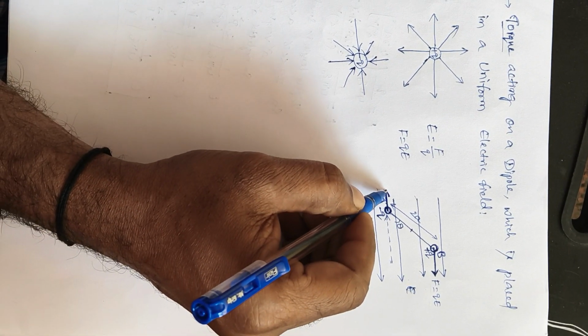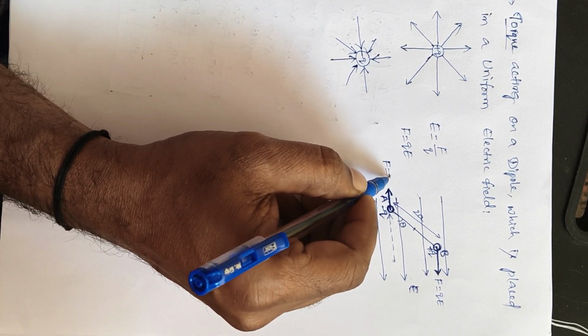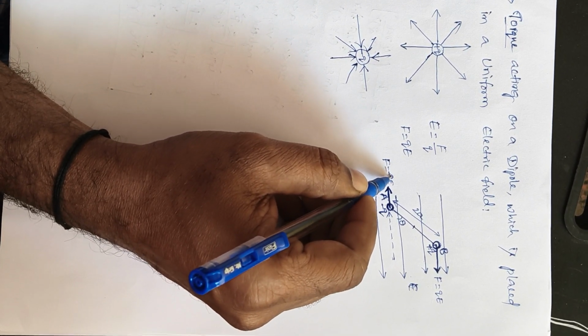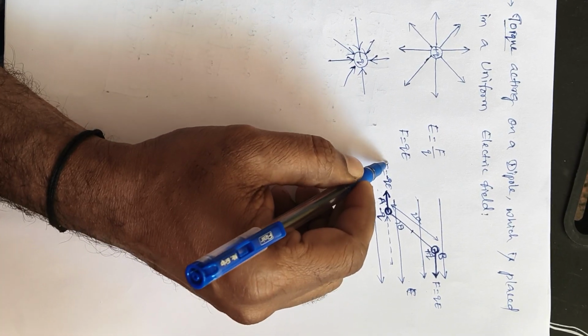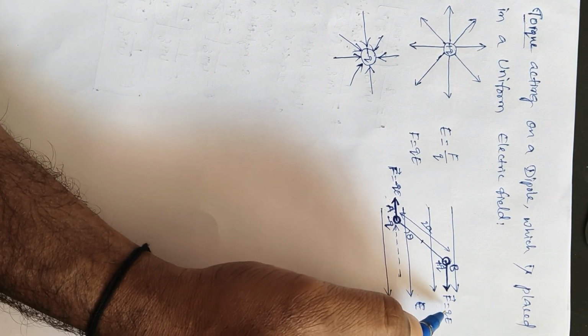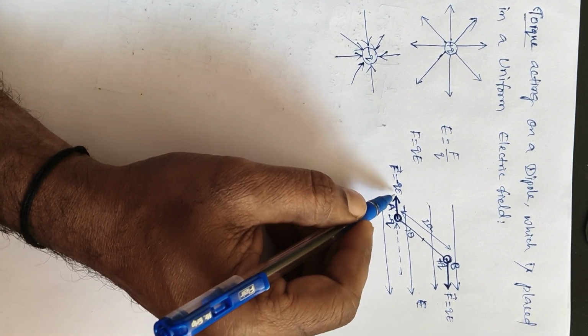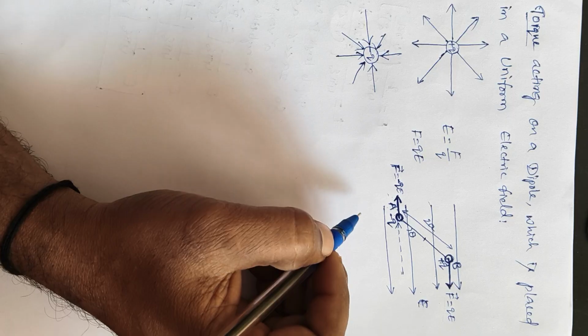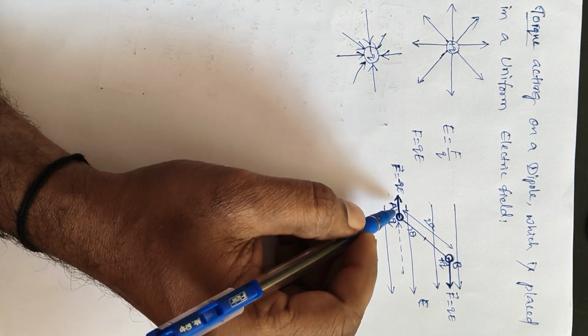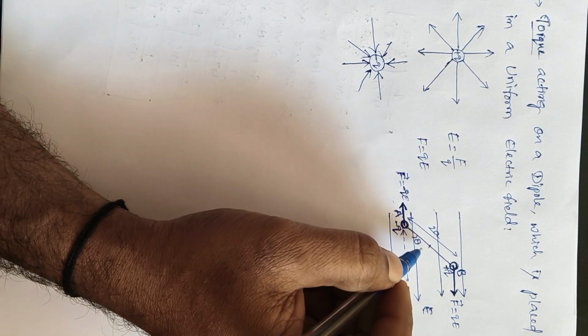Similarly, the negative charge experiences the force F equals minus qE. Why? Because force is a vector, so the positive charge has plus qE and the negative charge has minus qE. Right. So this is the couple of forces acting on a dipole in a uniform electric field.